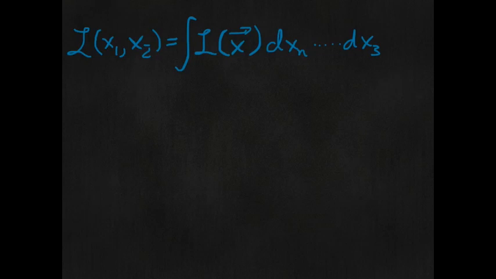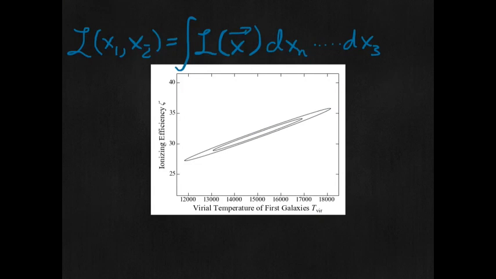So in this case, xn all the way down to x3. And then what I can do is plot on a two-dimensional plane contours of this marginalized 2D likelihood function. And so, for example, here is an example set of likelihood contours from my research. Here are two parameters that you might be interested in measuring.